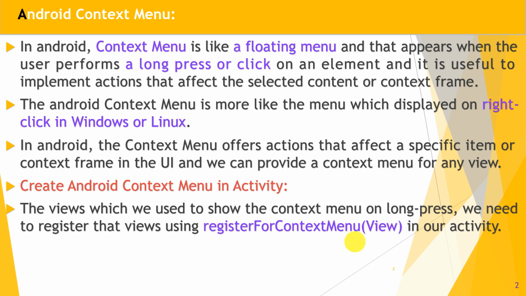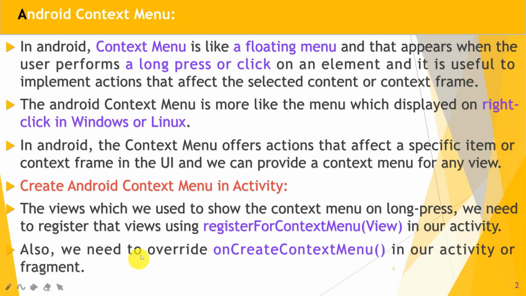Also we need to override the onCreateContextMenu method in our activity, or you can also override it in a fragment. So registerForContextMenu method and onCreateContextMenu method are the two methods which we use while implementing the context menu.